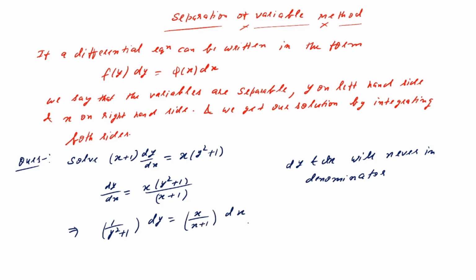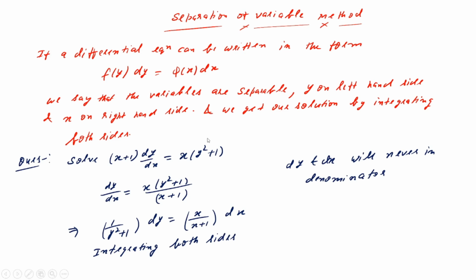So what happened in this equation, you can see that each value of y is in the left hand side and x is in the right hand side. Now just integrate this, integrating both sides.